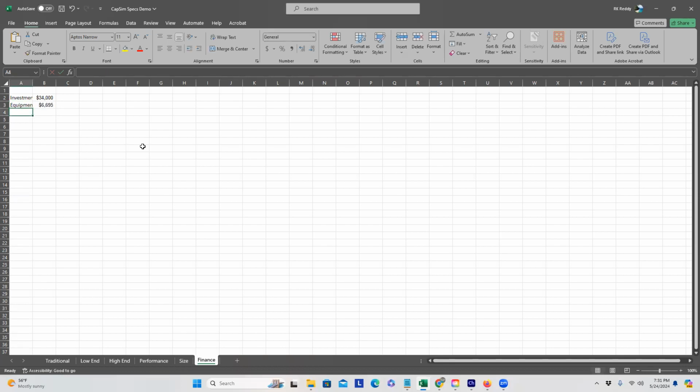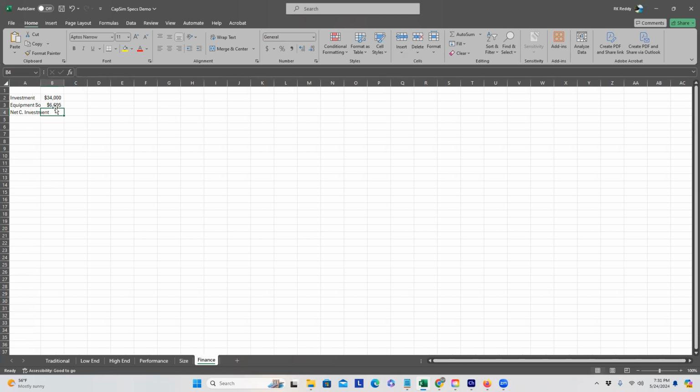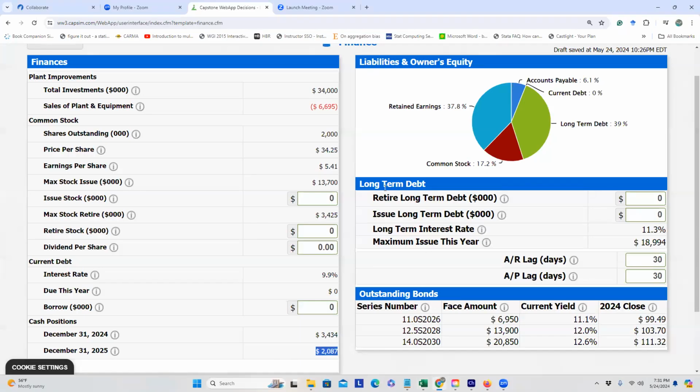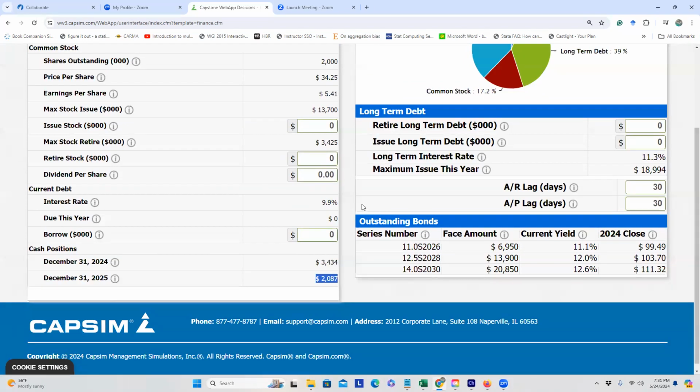So net capital investment is the difference between the two. So you have this minus this. So that's $27.3 million is what you need to raise from the market. As you remember, you had about $32 million that you could actually raise.